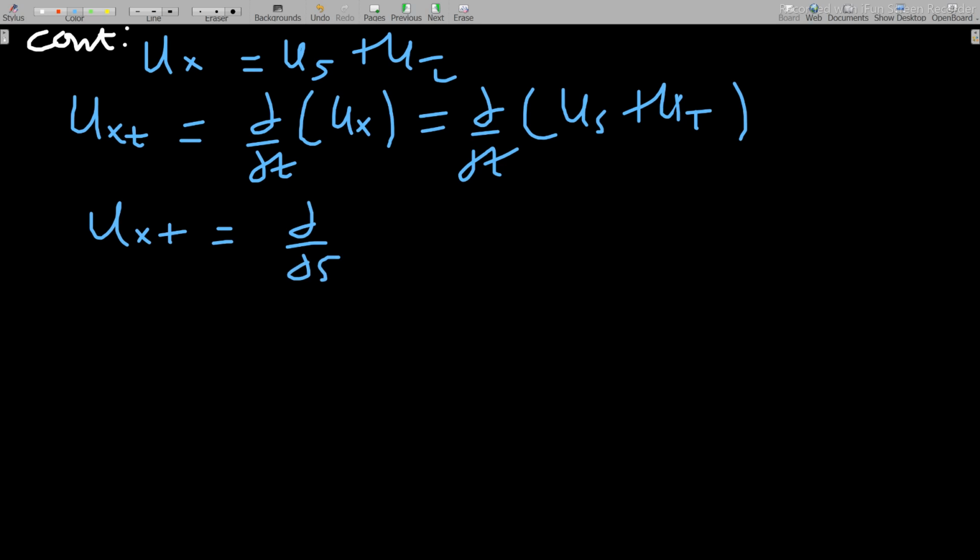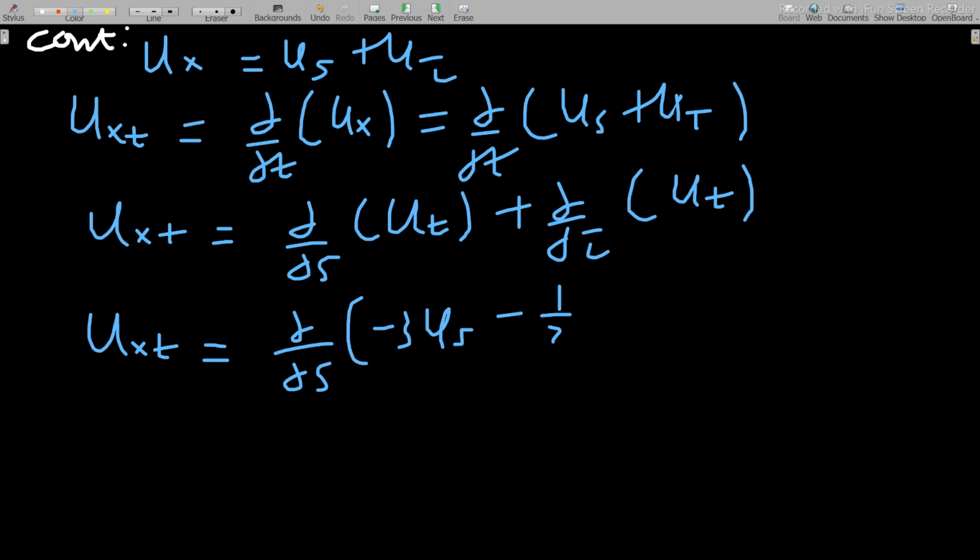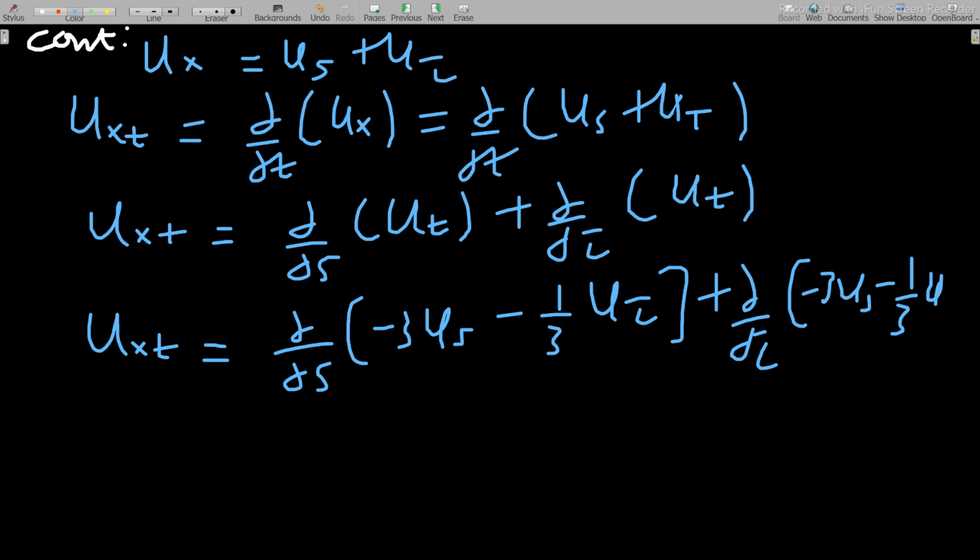And this is the same as del S here of U_T plus del tau of U_T, and this will give me U_XT being equal to del S of U_T, which is negative 3U_S minus 1 over 3 U_tau, plus del tau of negative 3U_S minus 1 over 3 U_tau.